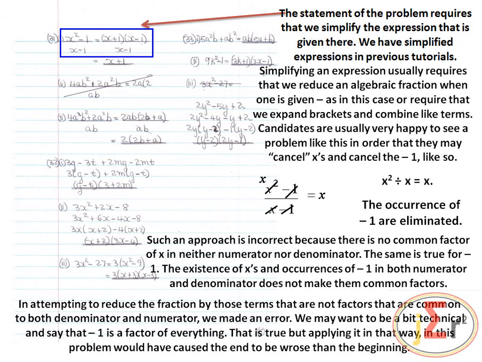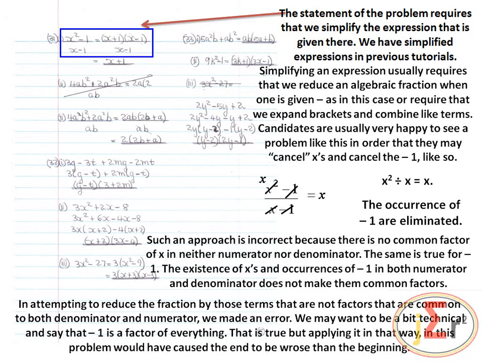In attempting to reduce the fraction by those terms that are not common to both numerator and denominator, we made an error. In order to reduce a fraction by a particular factor, it has to be a common factor of both numerator and denominator.